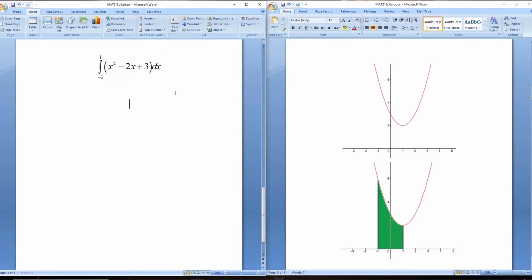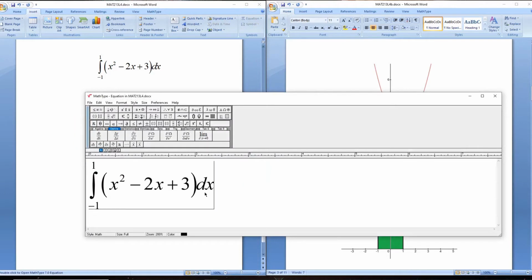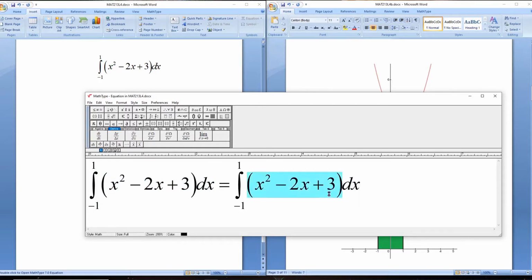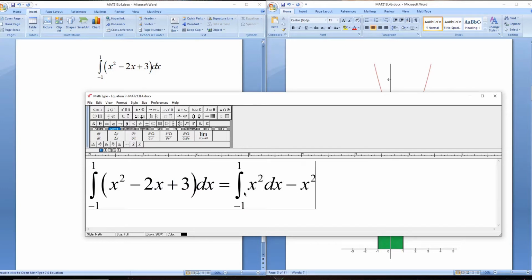We'll first recognize the integral distributes so that we can do each of these terms individually. It depends on how much you want to write out yourself. Usually not too many people write out this first step, but it's definitely something that you can do. So the integral distributes.